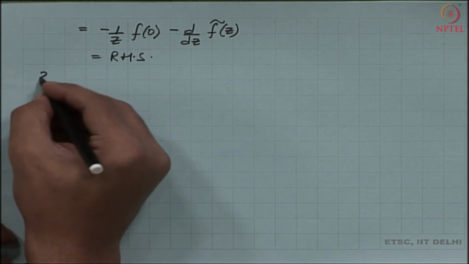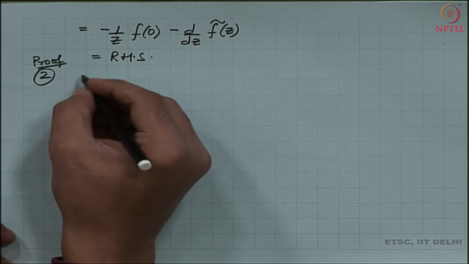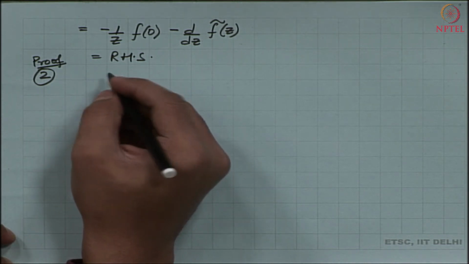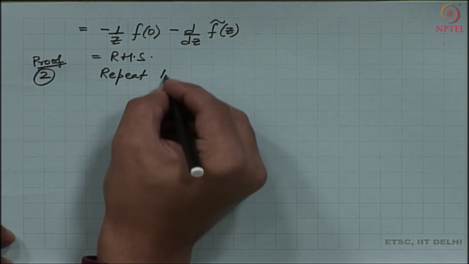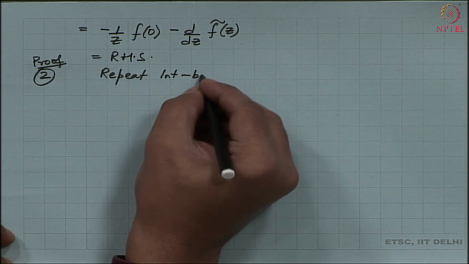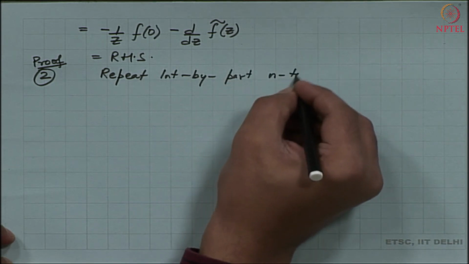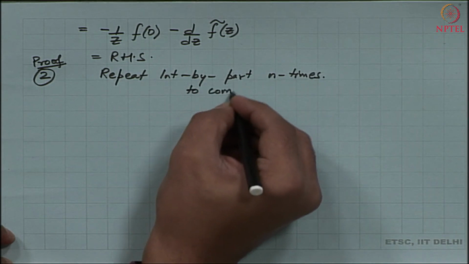Now, I am going to leave the proof of the second case, because the second case is nothing but the first case repeated n times. So, repeat integration by parts n times to come to the result.